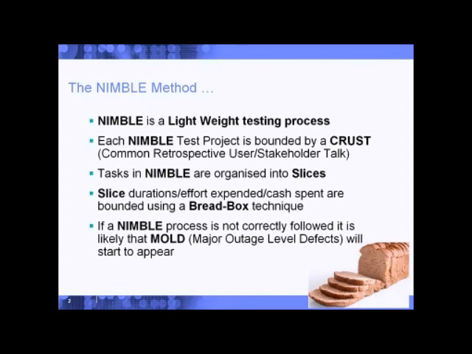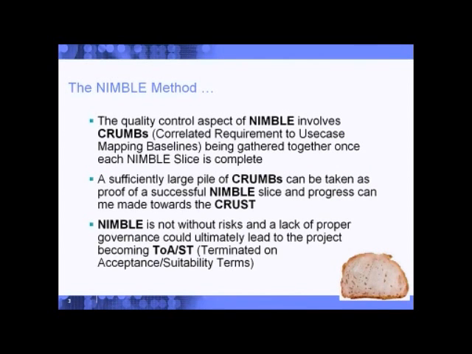As with many methods, if we don't follow a good process, then we're likely to find that major outage level defects will start to appear, or as we term it, mold. Pressing on to the method, quality control in NIMBLE involves collecting correlated requirements to use case mapping baselines, or crumbs.